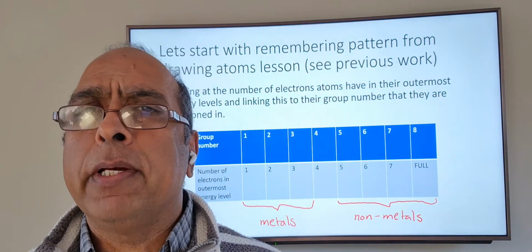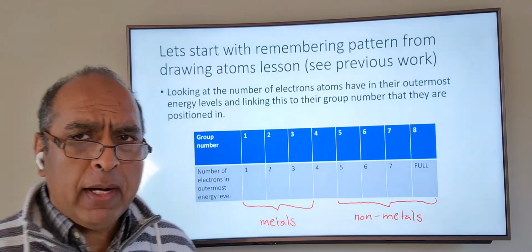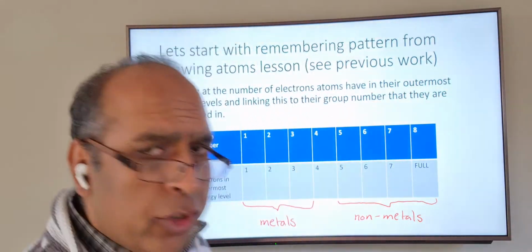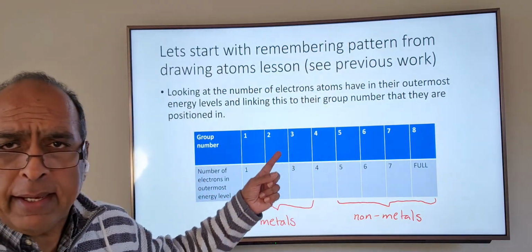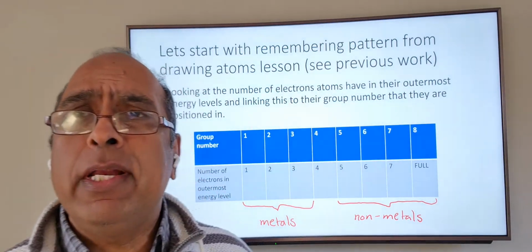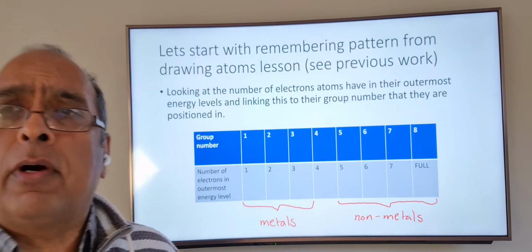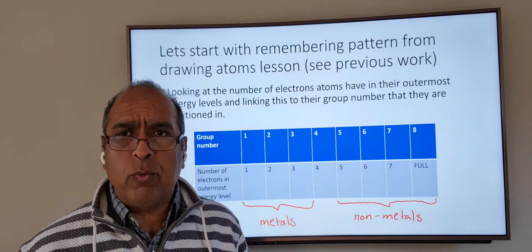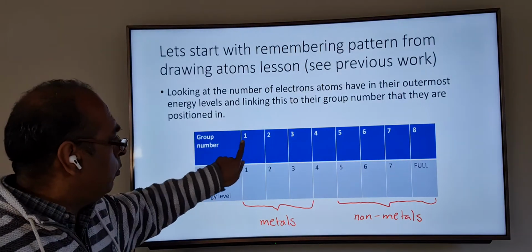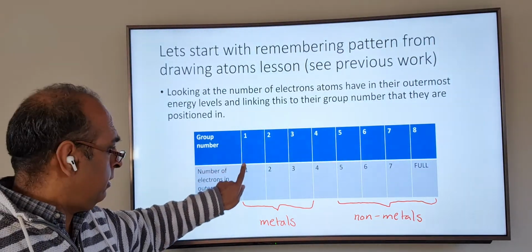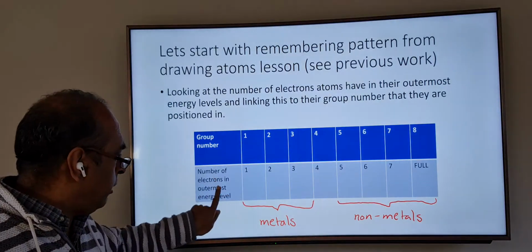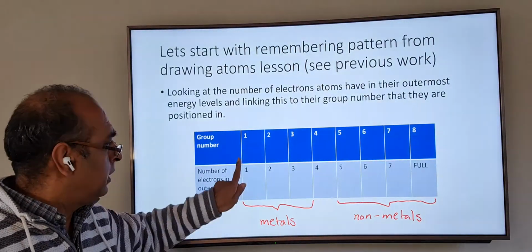So I want to start with some revision of my lesson where we were drawing atoms. And I told you that this pattern here was really important. What I'd said was that if you have elements in group 1, then when you draw them, they all have 1 electron in the outermost energy level.